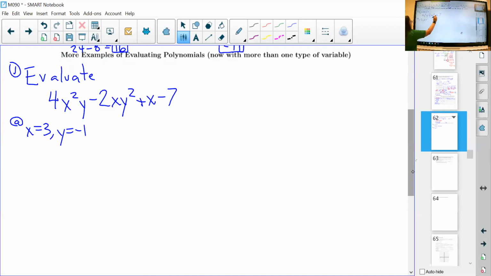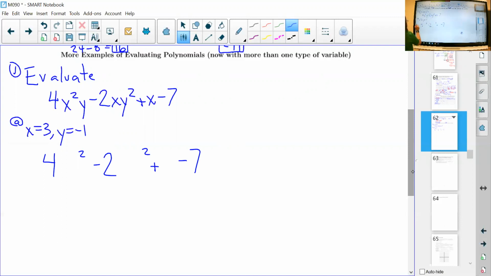So I'm just copying this down again. I'm going to leave space everywhere I have an x or a y. It's probably better to do this as you go. I'll do that the next time. So I'm just copying down everything except my x's and my y's.